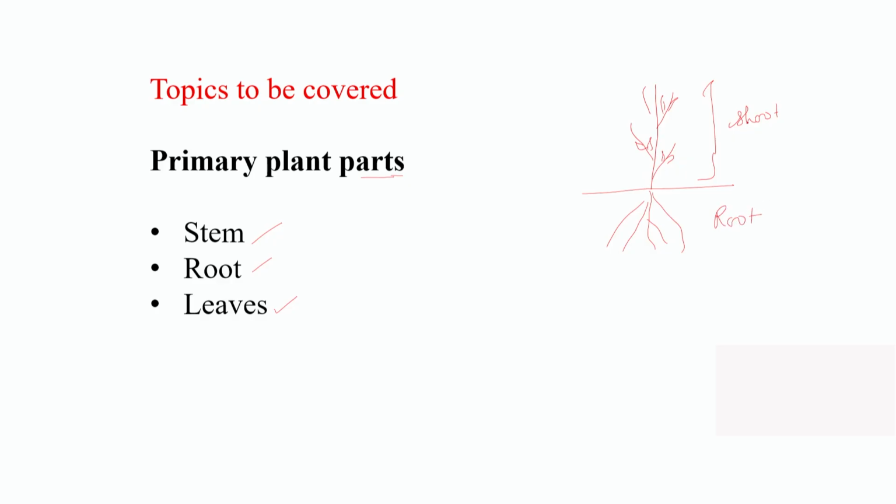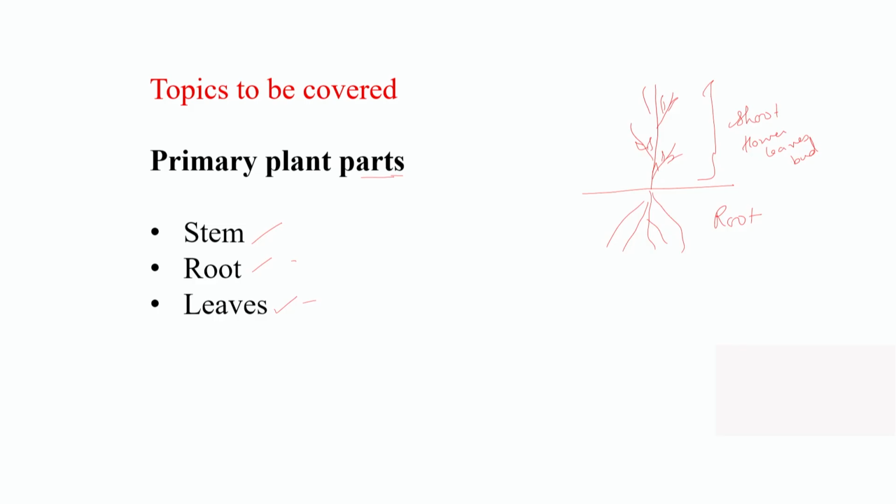In the shoot you will see various organs, like leaves, axillary buds, flowers and fruits. And in the root you will see the main root and lateral roots. Among them we will discuss the three important structures which are present in a plant.